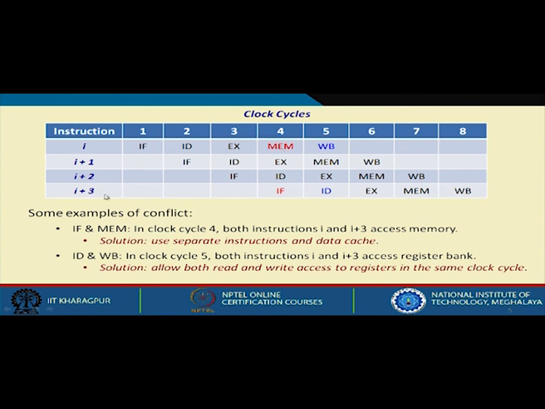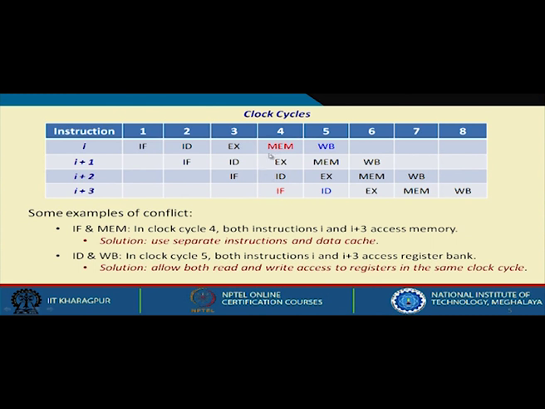But at the same time instruction I plus 3 is also trying to read from memory, it is doing an instruction fetch. So, there is a conflict for memory, both instruction I and I plus 3 are trying to access memory at the same time, right.